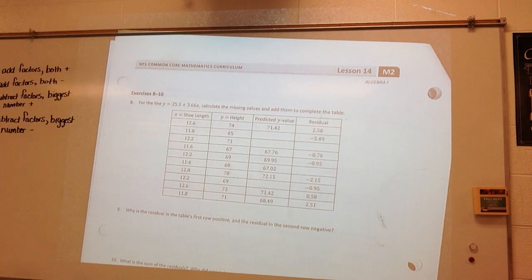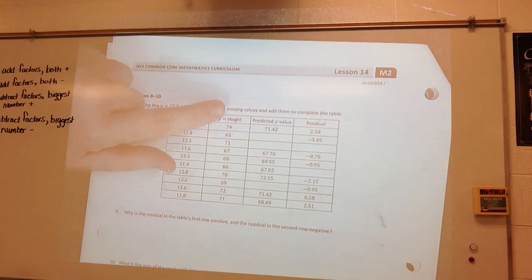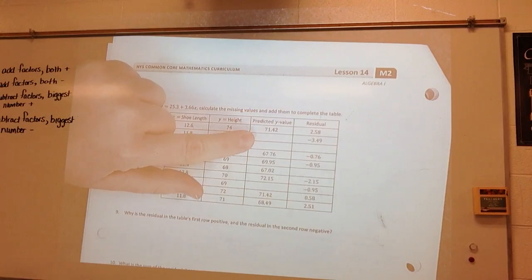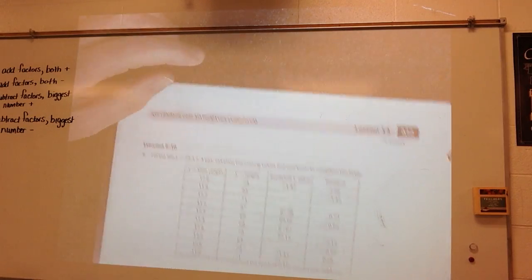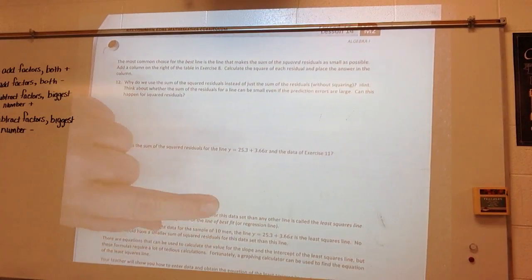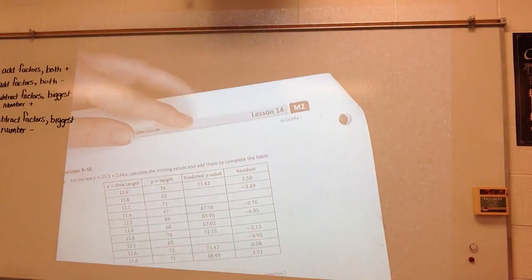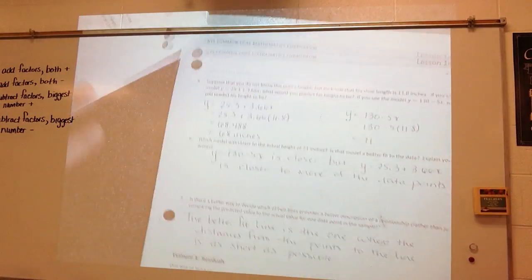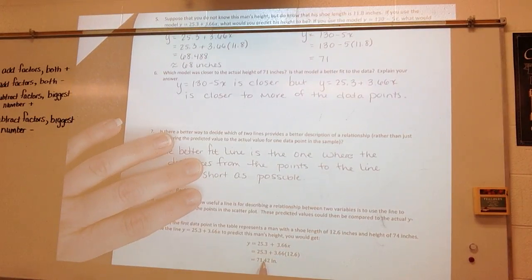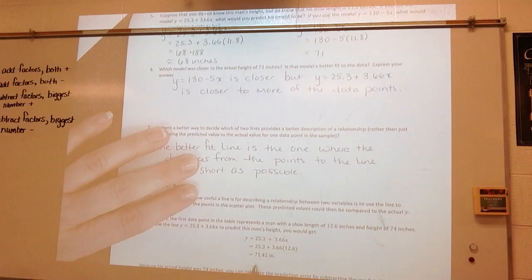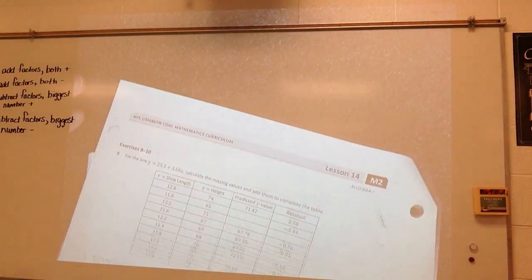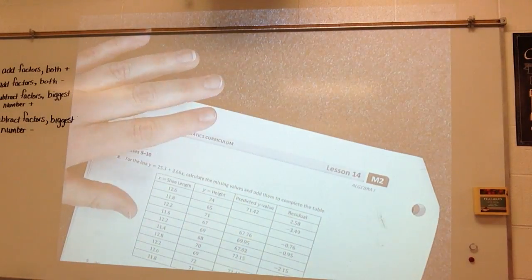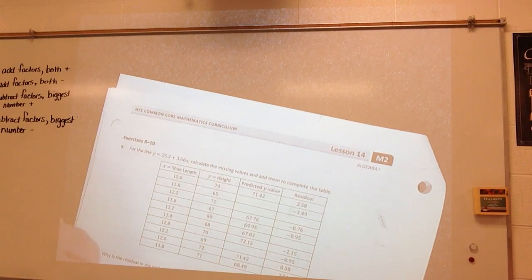Alright, so we've got our shoe length, we've got our height, we need to find the predicted value. The predicted value is where I plug my x in to my equation. Alright, so the first one's done for us.